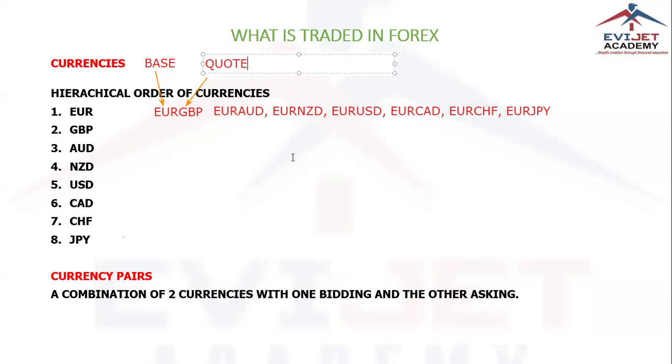So for every currency pair, we have the base and the quote. Note, the one in front is called the base, all right? While the one behind is the quote. Now, it's also called the bid and the ask, okay? Sorry, one minute.